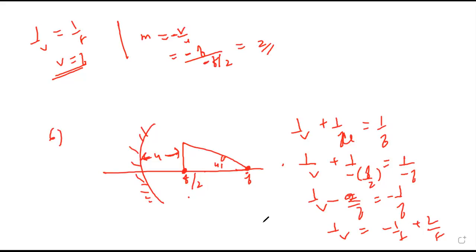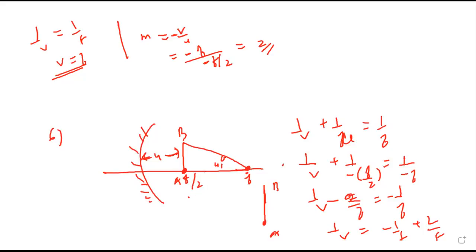So that means this is one position. If I call this as AB, that is the image, with double the height, okay? So first case we got this. So AB is at f.